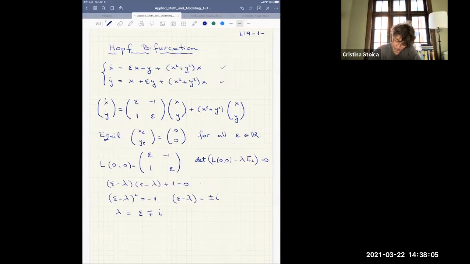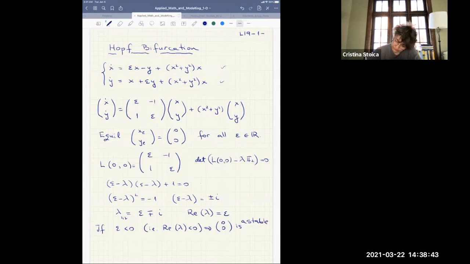So we see that the real part of the eigenvalues, lambda 1, 2, is epsilon. If epsilon is negative, so the real part of lambda is negative, then 0, 0 is a stable spiral.